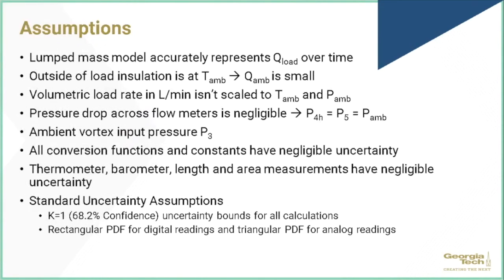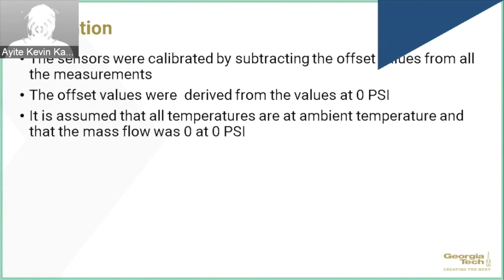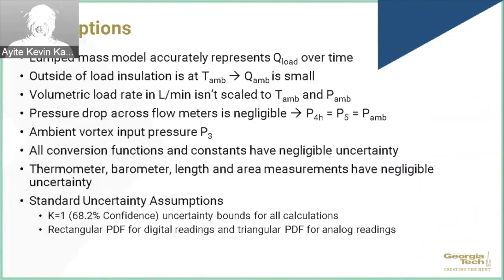We made a few assumptions during the laboratory, assuming that the heat transfer to the environment was equal to 0. The lumped mass model accurately represents the heat transfer of the load over time.